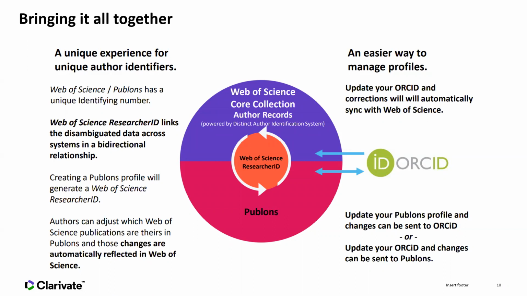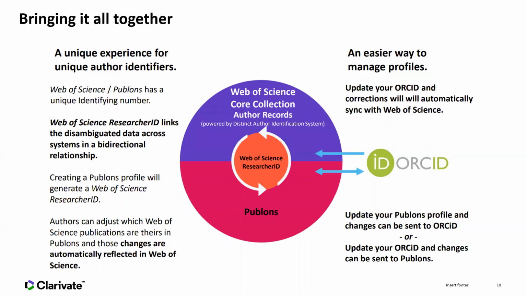By creating a Publons profile, you will automatically generate a researcher ID number. And authors can adjust which Web of Science publications are theirs in Publons, and then you can choose and make those changes automatically reflected within the Web of Science. So the Publons author profile informs the Web of Science author record in the back end.